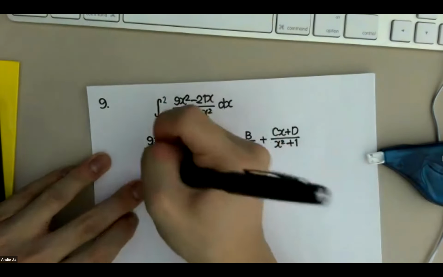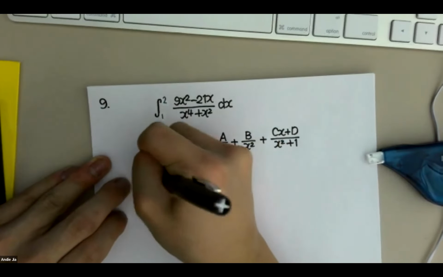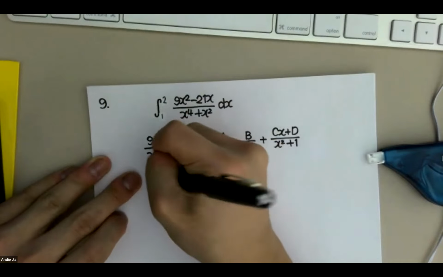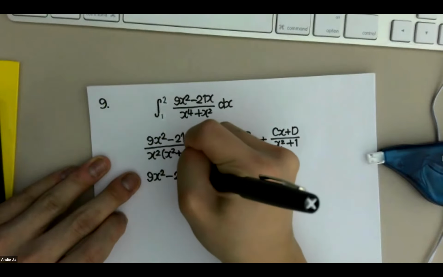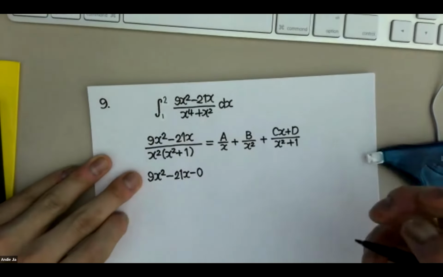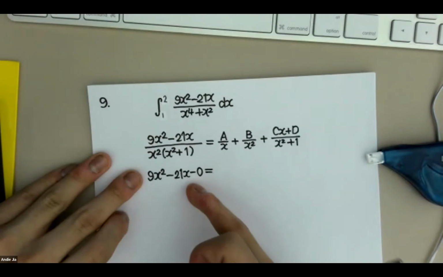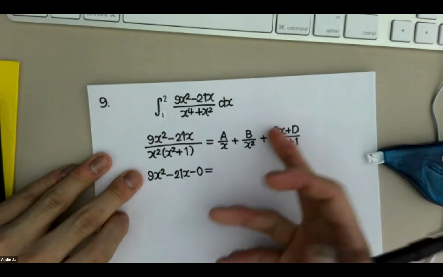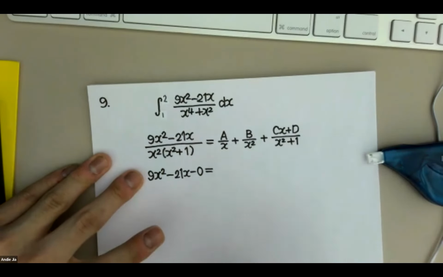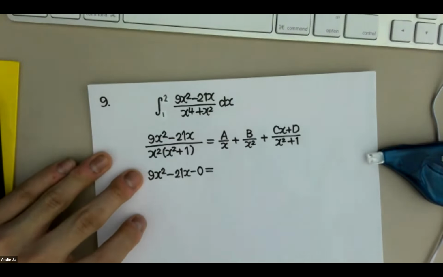Then we set 9x squared minus 21x equal to this, as a placeholder to define what ABCD are.